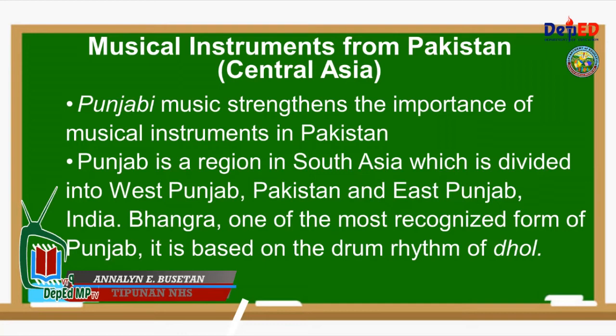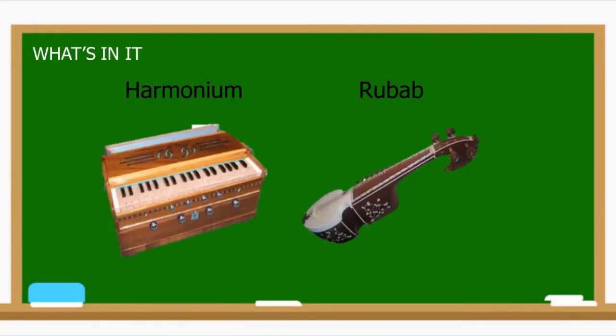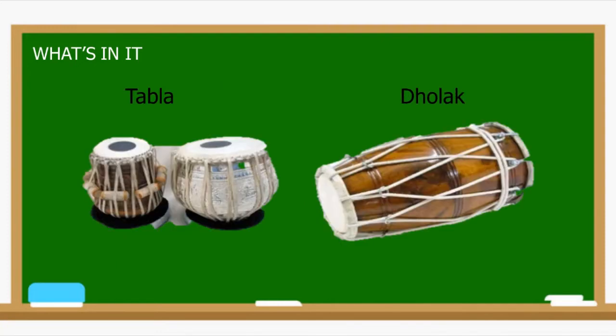And Bhangra is one of the most recognized forms of Punjab, and it is based on the drum rhythm of Dhol. Here are the examples of the musical instruments of Pakistan. We have the harmonium, the robab, the tabla, and the dholak.